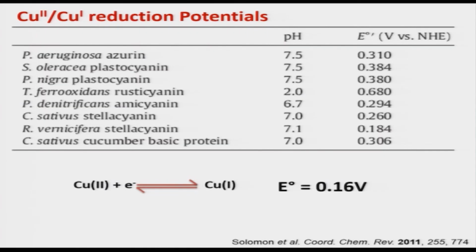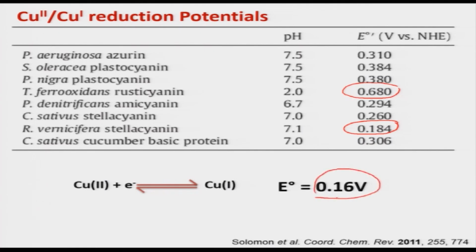Now, copper 2 to copper 1 redox potentials are shown here. As you can see, these are the blue copper proteins isolated from different sources, and under physiological pH they vary their potential remarkably from 0.184 to 0.680. Please note that the copper 2 to copper 1 redox potential is only 0.16.